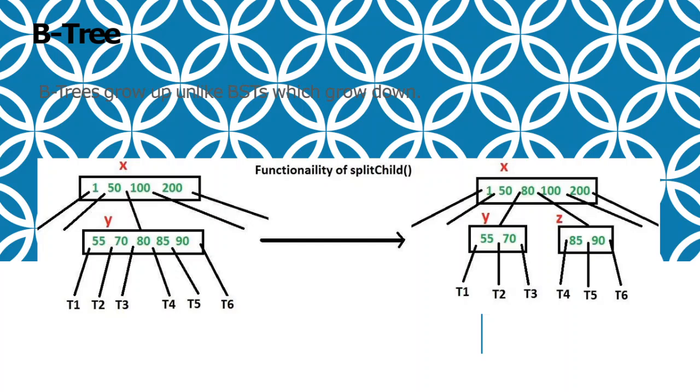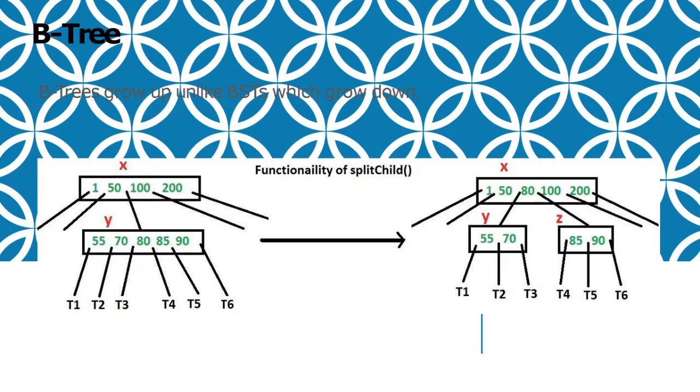Functionality of split child method: 150, 100, 200 will split into 55, 70, 80, 85, and 90. Now we'll call some other numbers like T1, T2, T3, T4, T5, T6, the values, but don't forget, we use the 2T-1 as keys and T-1 for the nodes.